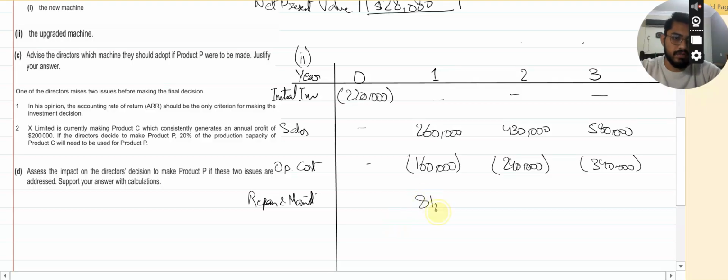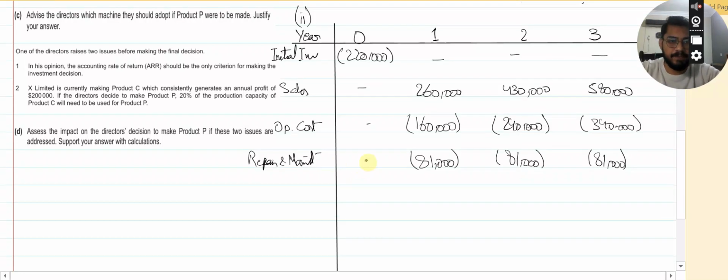So $81,000 outflow for each of the 3 years over here. Now we have plotted all of the relevant cash flows. So let's calculate the net cash flows first.